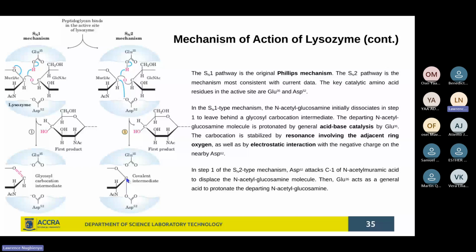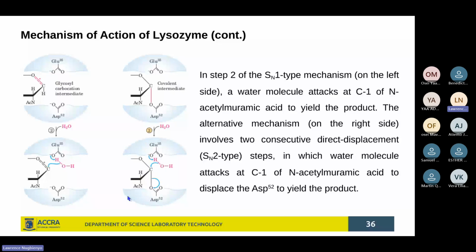You go ahead and you see that, again, water comes in. Water breaks into hydroxyl group and hydrogen ion. And so from here, the glutamate, or the glutamic acid, takes back its hydrogen from the water molecule.